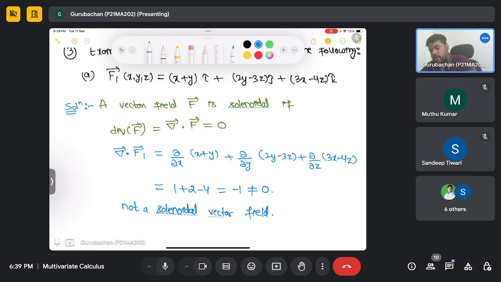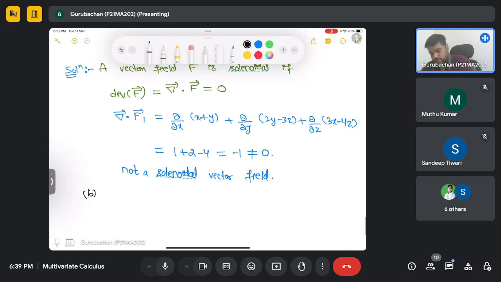Now let me write another function, F2 of x, y, z equal to (x minus y) i cap plus (2y minus z) j cap plus (3x minus 4z) k cap.